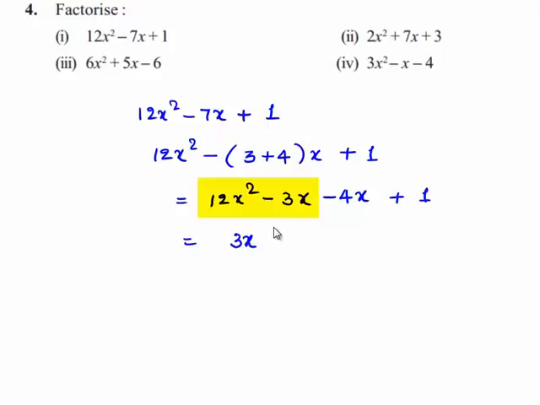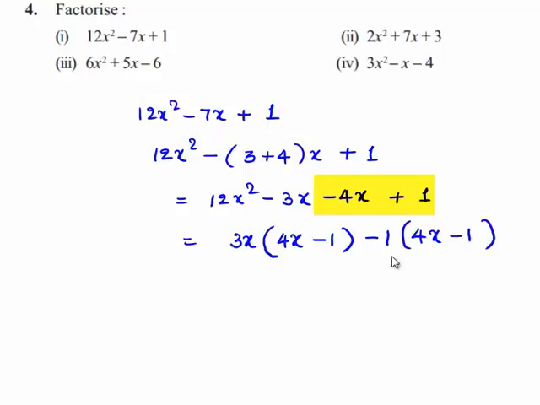So we get 3x times (4x minus 1). And from the third and fourth terms, we can take minus 1 as the common term, which is minus 1 times (4x minus 1). And now we can take 4x minus 1 from here and here as common. We will be getting (4x minus 1) times (3x minus 1).